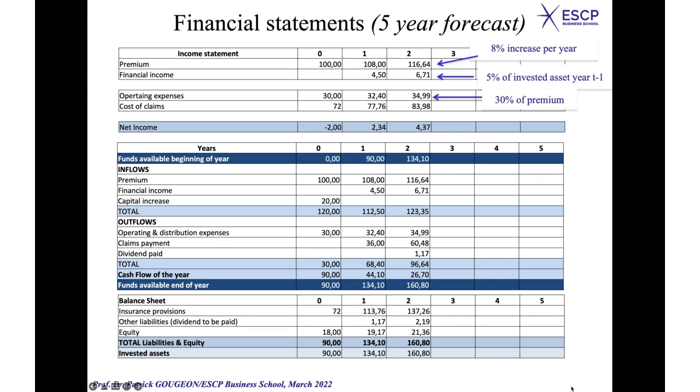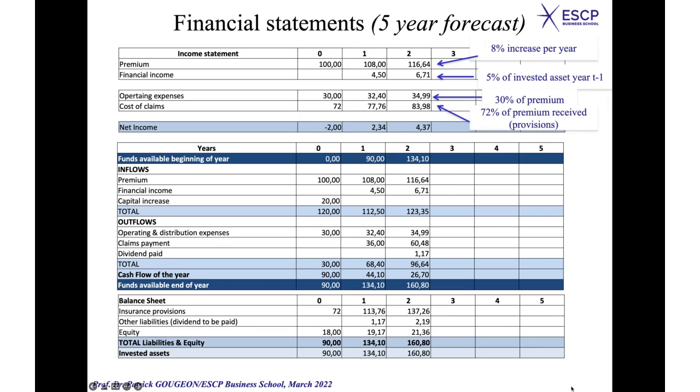What about operating expenses? That's very simple. It is 30% of premium, that is 30% of 116.64. What is the cost of claims? How did I get this 83.98? The cost of claims will just be 72% of the premium.